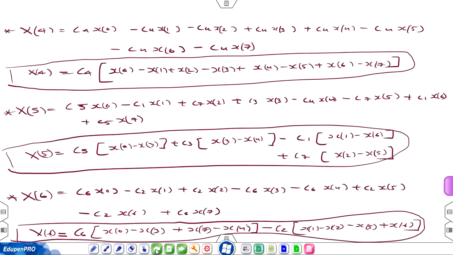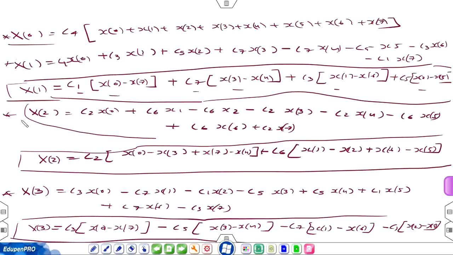Okay, so this is x1, so this is m0 c1, plus c7, this is m1, this is m2, so c3 m2, and this is m3.